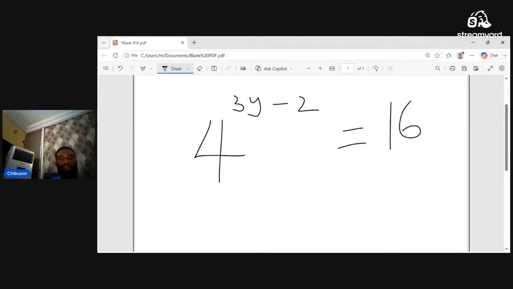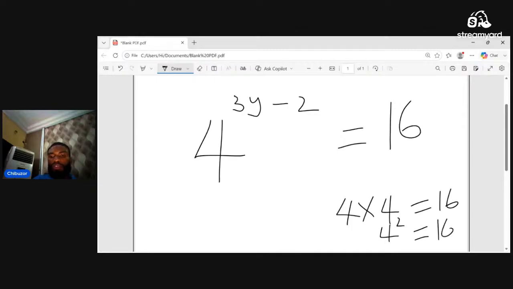How do we solve this? Since we have 4 as the base with the index, we have to convert 16 to the base of 4. And how do we do that? 4 times 4 is equal to 16. That is 4 raised to power 2 is equal to 16.